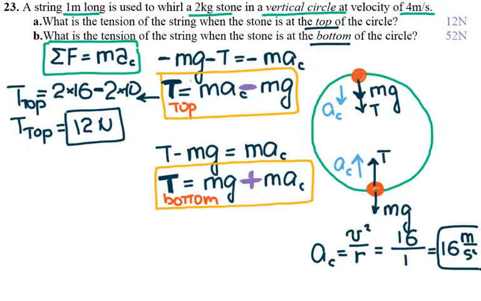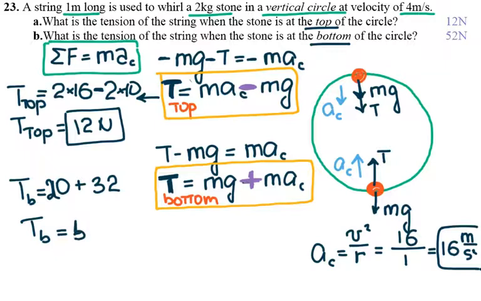And if I'm looking at the tension at the bottom, I have mg, which is mass 2 and g is 10, plus mac, which is 32. So the tension at the bottom is 40. Sorry, this one was 20, right? Yes.